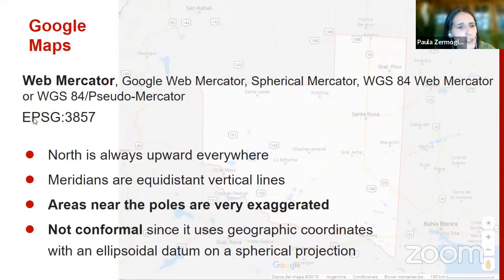So even though you see here EPSG 3857, the coordinate reference system that it is using is WGS 84, the one that we were mentioning before. So these are some characteristics of Google Maps just to keep in mind.